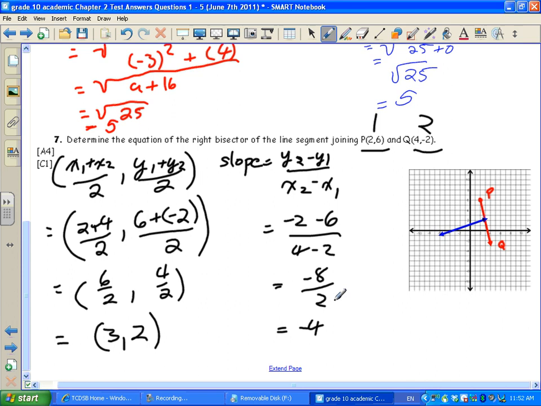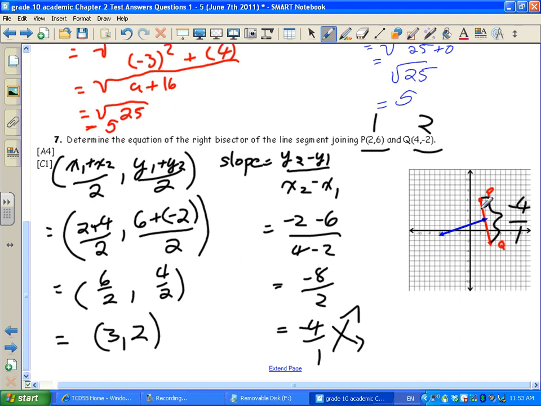Now, I found the slope of PQ. That's this slope here. Negative 4 over 1, you could say. That's our slope. In order for something to be perpendicular, it needs to be what of that slope? Negative reciprocal. So in other words, our slope of negative 4 over 1, we need to flip it and change the sign.